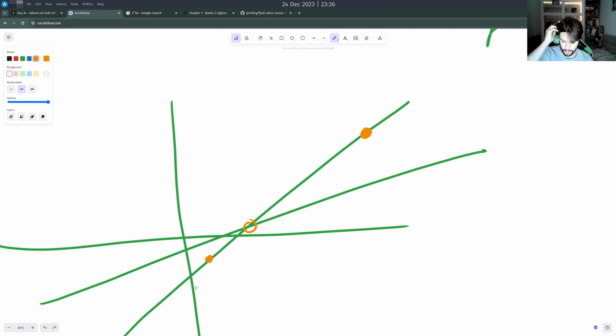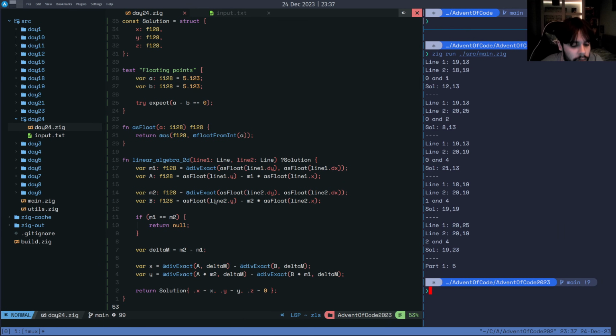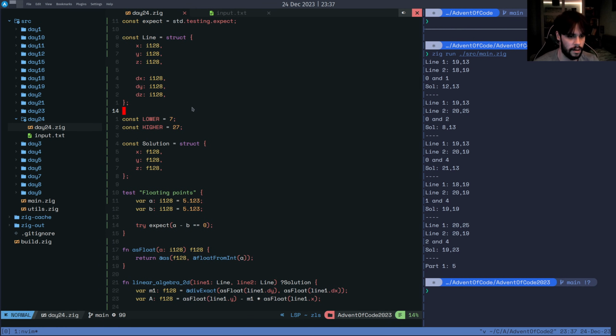What I need to do is, given the x value of the solution, and whether there is a negative gradient or not. Yeah, if it's positive and the y is less. If positive and y is less than start, then yeah, okay, good. So I can actually add that onto a couple of things here.